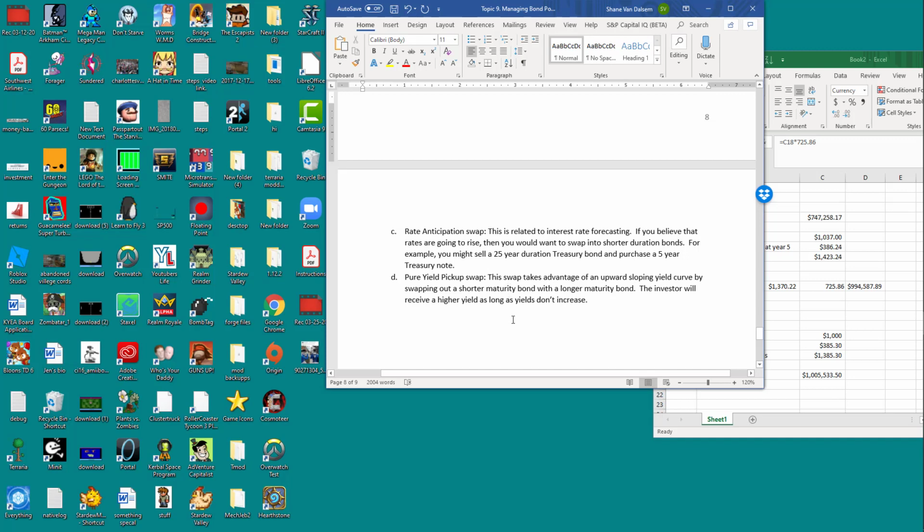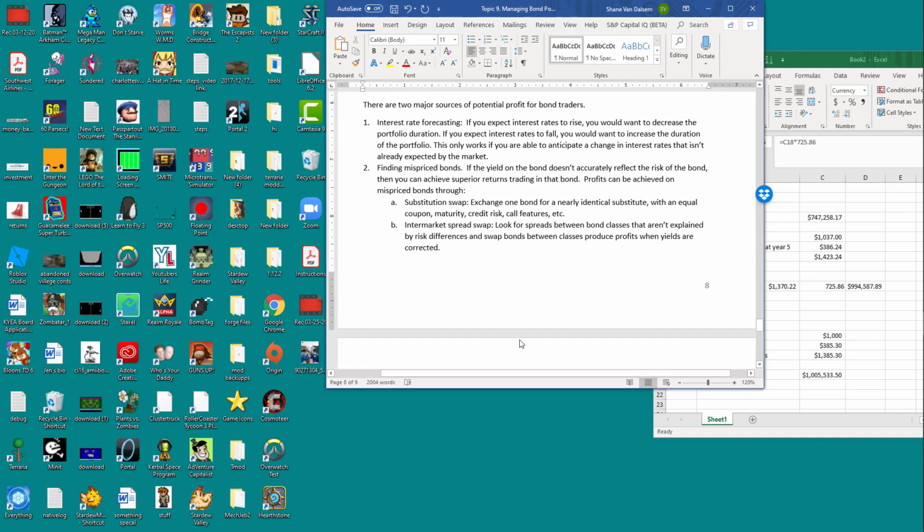So that would shorten the duration of your portfolio by going from a 25-year duration bond to a 5-year note. And then finally, the pure yield pickup swap. This swap takes advantage of an upward sloping yield curve by swapping out a shorter maturity bond with a longer maturity bond. The investor will receive a higher yield as long as yields don't increase.